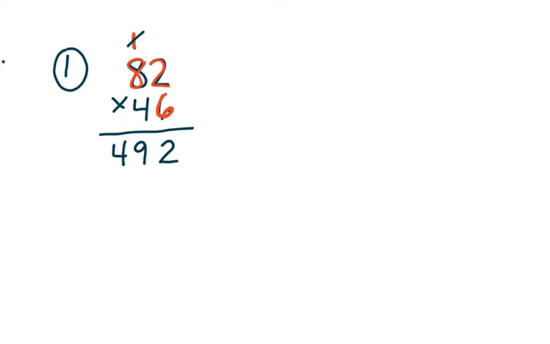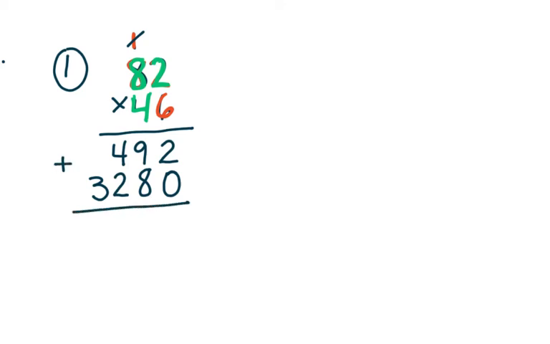Now what we're going to do is start multiplying in the tens column. So I'm going to put a 0 to occupy the ones place. Now I take 4 times 2, which is 8, and then 4 times 8, which is 32. Nothing to add to that. So go ahead and put 32.